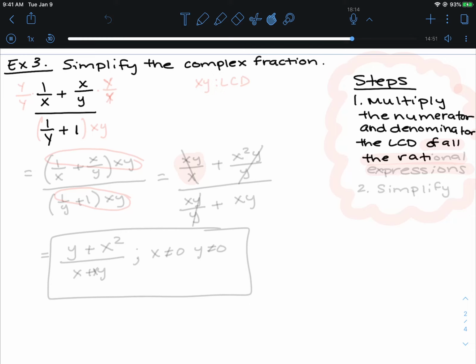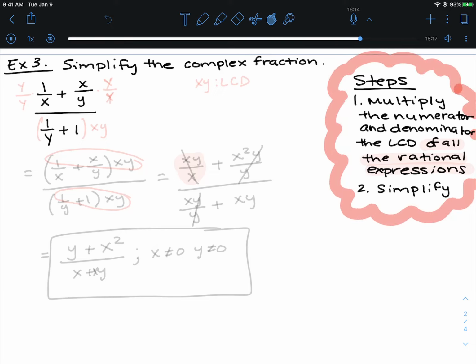So that means that we have to look at every single one of these fractions and find the least common denominator of all of them, okay? And then from there, we should be able to just simplify and then get our final answer, right? So that's what we're going to do. So that's the part about this one.